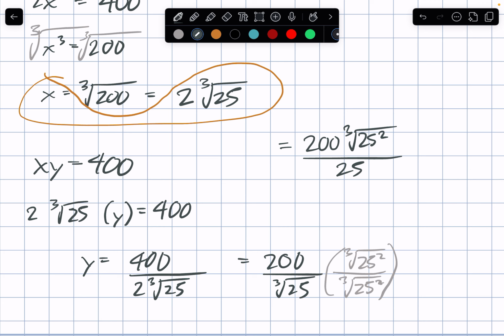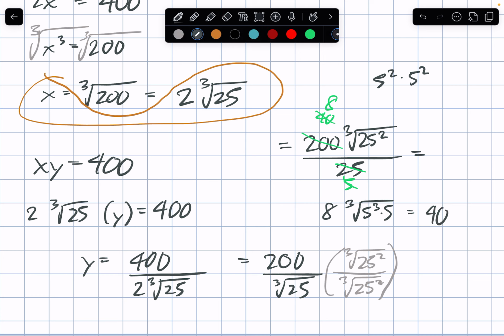Okay, and then 8 cube root of 25 squared, which could be rewritten as 5 squared, or 5 cubed and then times 5.